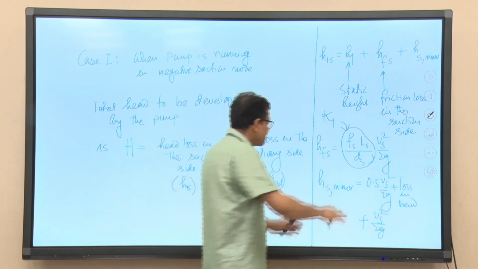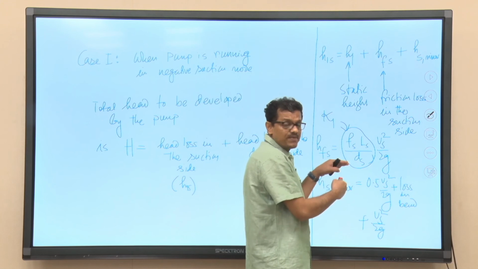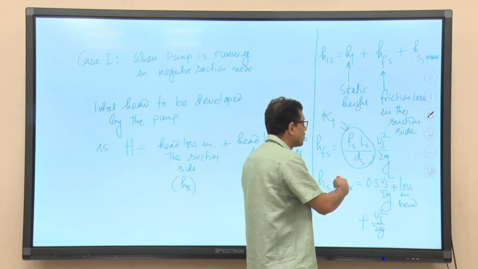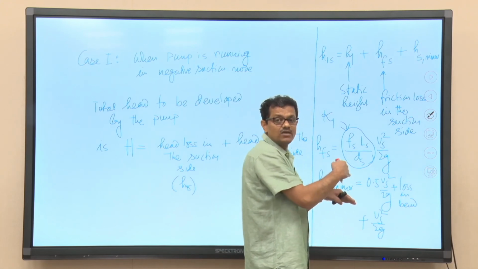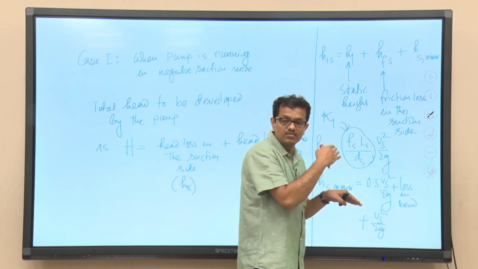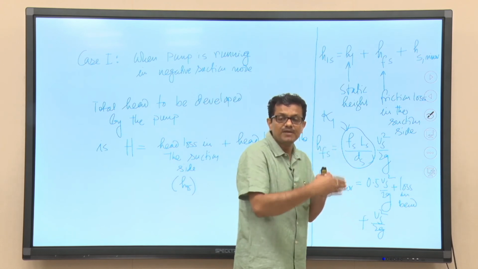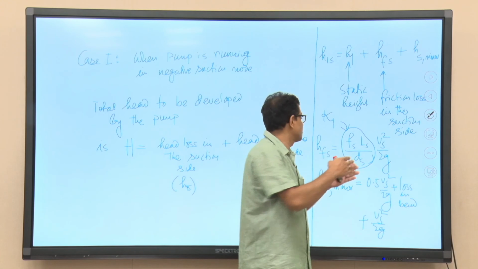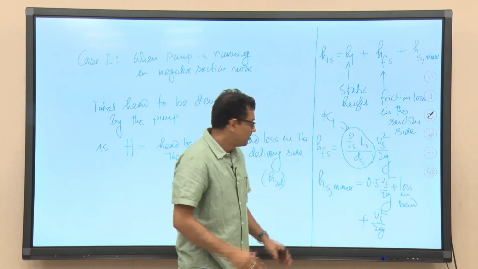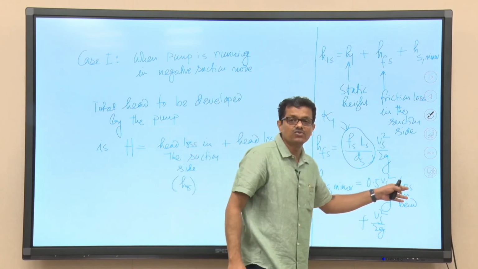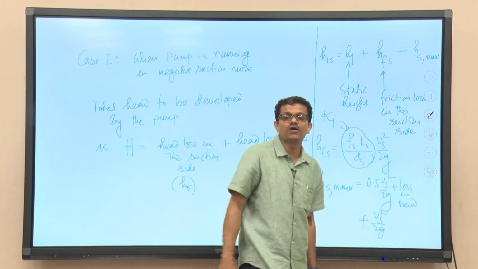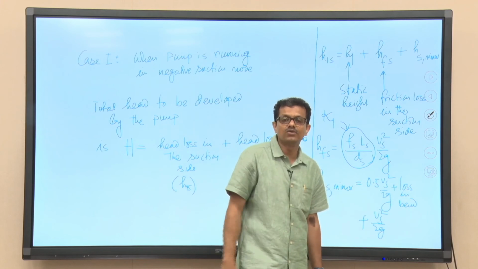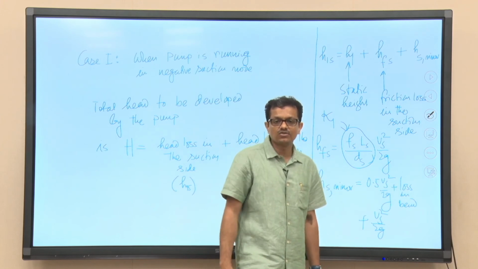So, basically in industry practice, the total minor losses are considered to be 15% of the total losses, because it is very difficult to calculate the losses in a bend. You need to go for computational fluid dynamics to calculate the amount of losses. So, that is not always true.